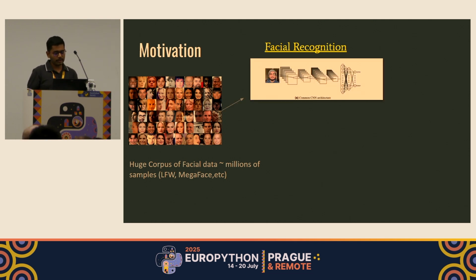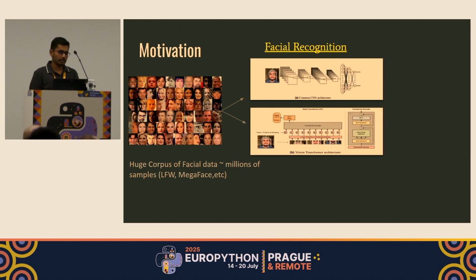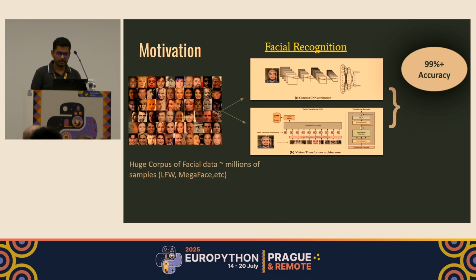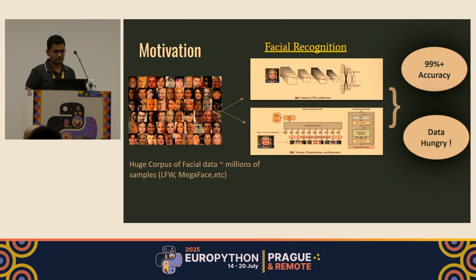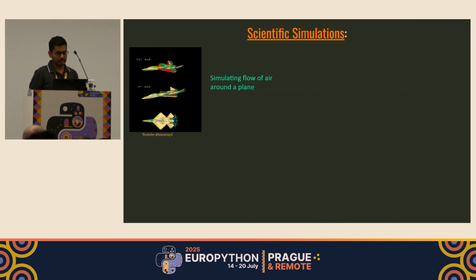When you train a deep network like a CNN or even a vision transformer, you get very good performance. But there is a caveat. This approach of machine learning is quite data hungry. So in regimes where you have data scarcity, these models will fail.